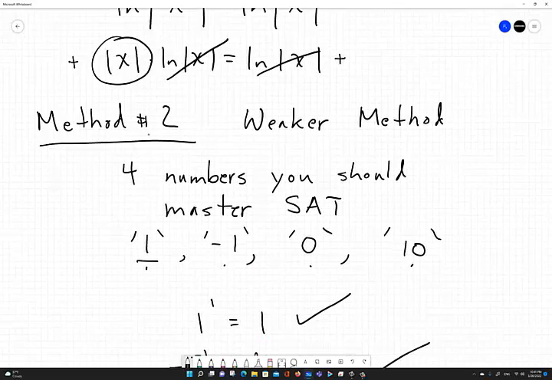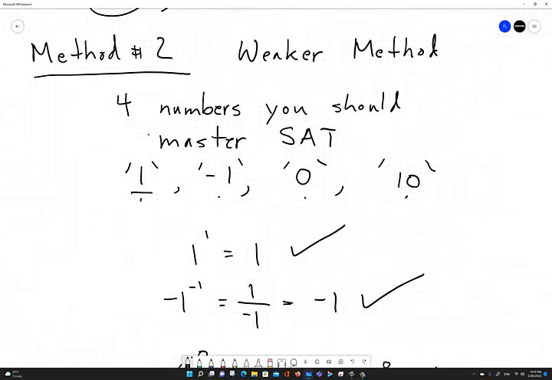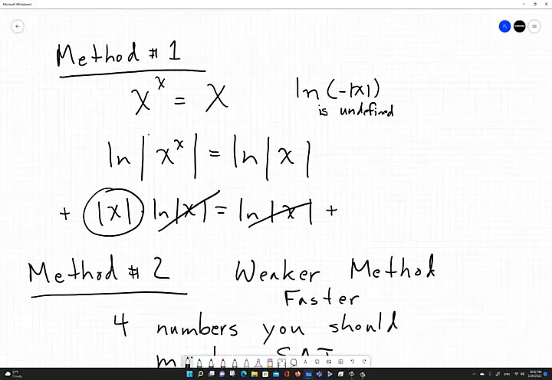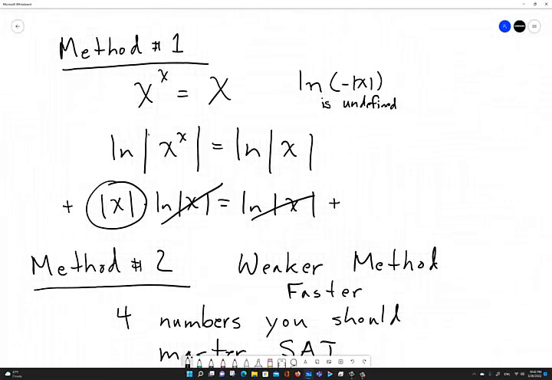But the reason why this weaker method could be a better method is that it's also faster, in my opinion, where you don't necessarily go through a lot of theory like natural log. But maybe they're equal in speed in the way you solve it. But if I were you, I would use both methods to be really sure whether you did it right.